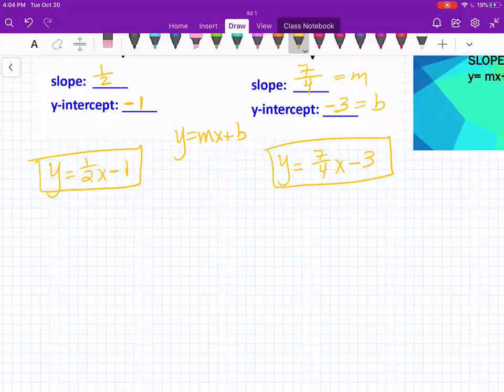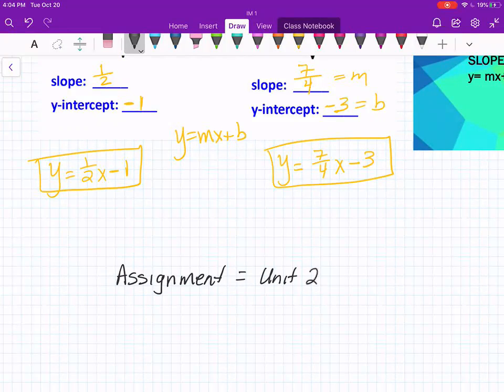You can find your assignment on, let's see, where is it? I'm going to go ahead and look on Canvas. Which is actually under Unit 2, Day 3. So the assignment is Unit 2, Day 3.